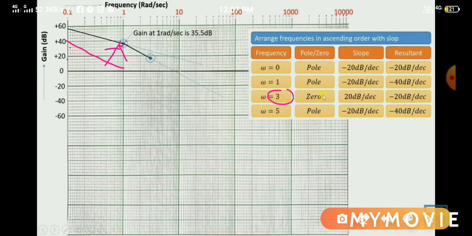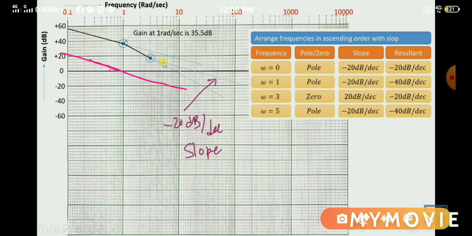So take a parallel line till omega equals to next corner frequency 3, right? Now for omega equals to 3, you have minus 20 decibel per decade, right? So again keep the scale at minus 20.